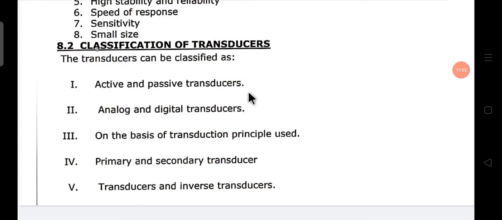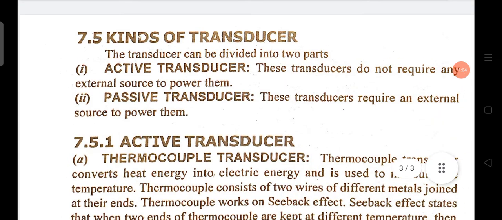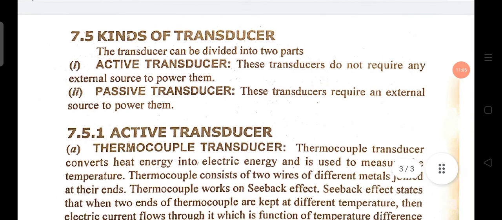So now let us see the kinds of transducer. The transducer can be divided mainly into two parts: active transducer and passive transducer. So what is an active transducer?